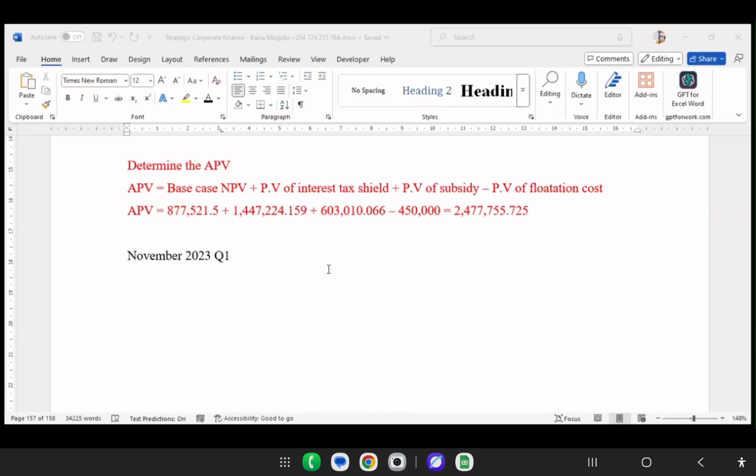IPL predicts that it will earn earnings before interest, tax, and depreciation amounting to 14 million per annum for the 25 years with effect from the end of the first year. The company pays corporate tax at 30%. The company's investors require a 12% rate of return for the project under all equity financing, and the pre-tax cost of debt of IPL is 9.5%.